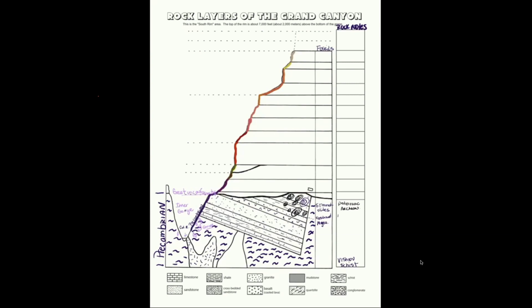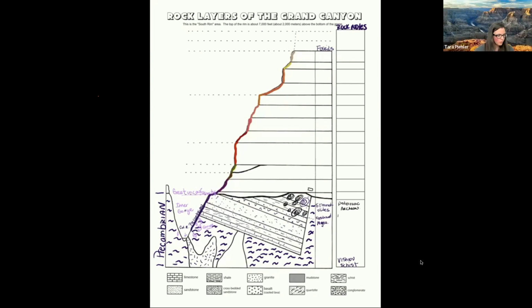Also, you'll find some quartzite. Spell it right. Quartzite is just sandstone that started off as sandstone.